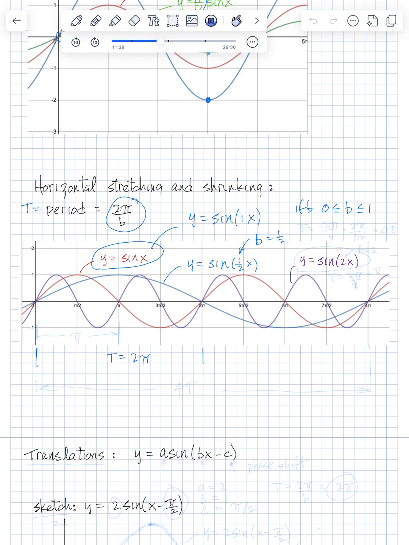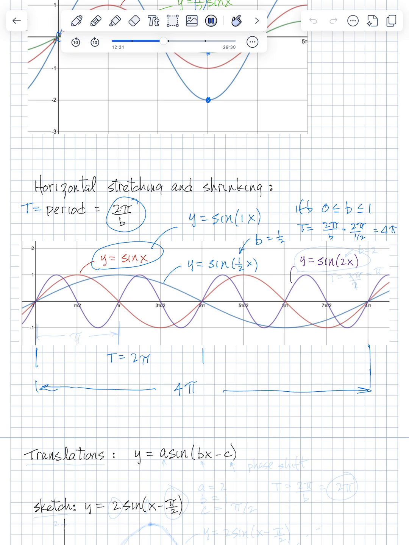And so if we are calculating our period, t is equal to 2 pi over b, which is 2 pi over 1/2, which is 4 pi. And so if you look at the curve, it makes one cycle from here to here, this is a period of 4 pi.